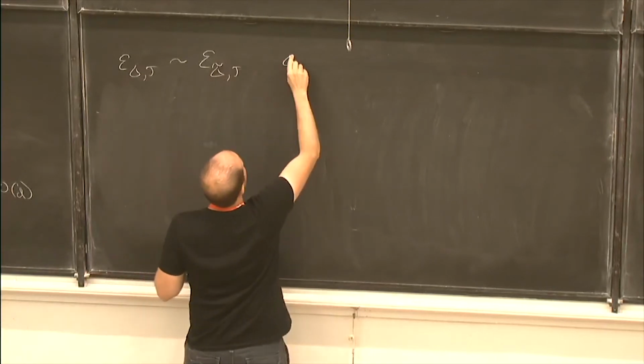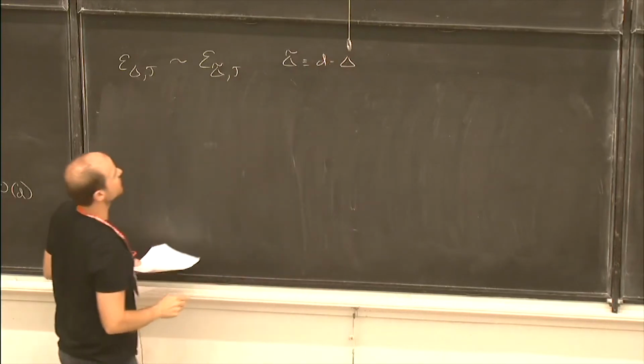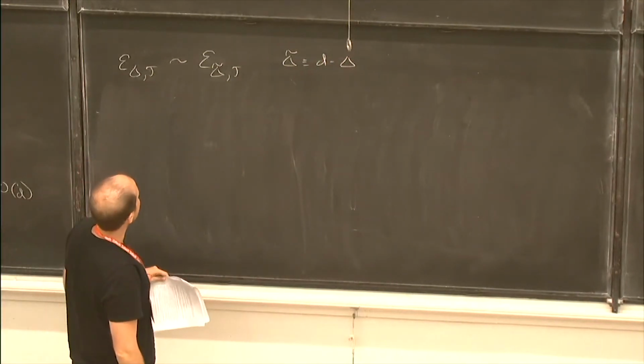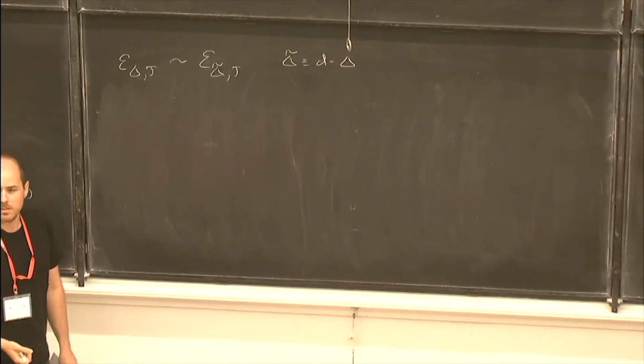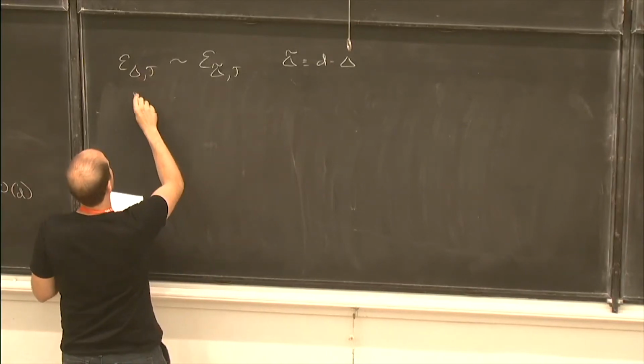So here, Δ̃ is defined as d − Δ, and I'm going to use that notation over and over. This equivalence happens because there is a conformally invariant map between these two representations. And the conformally invariant map is called the shadow transform.